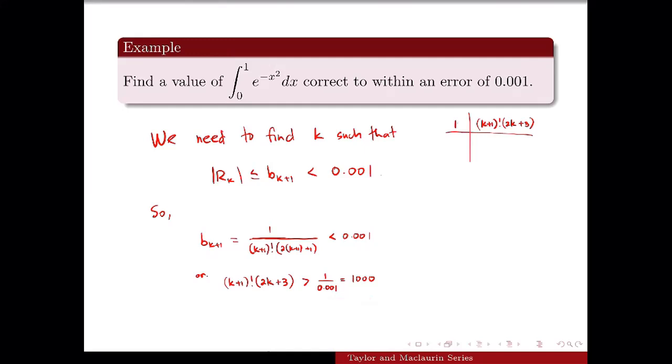And then we have the k here. Maybe let's start with 4. So if we have 4, we'll have 5 factorial times 2 times 4, that's 8, plus 3, 11 here. 5 factorial, that's 120 times 11. Yeah, this one is good. Okay. What is this? We have 1,200 plus 120, 1,320.